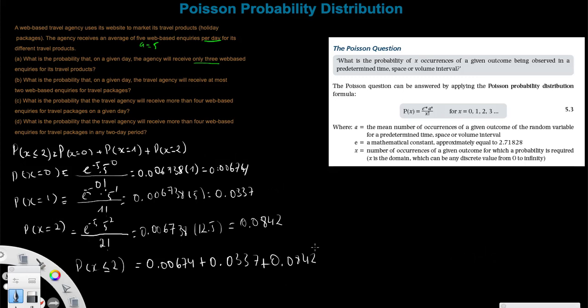This should give me 0.12464, and this will tell me that we have a 12.5% chance that at most two web-based inquiries for a travel package will be received by this travel agency on a given day when the average number of web-based inquiries per day is 5. So always put that in percentage and tell me the context.